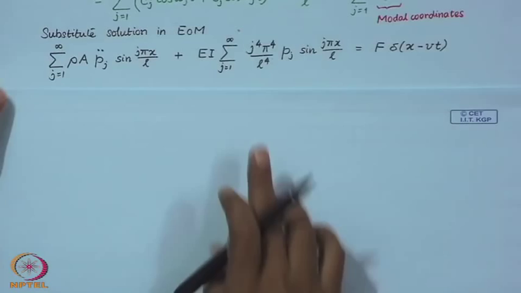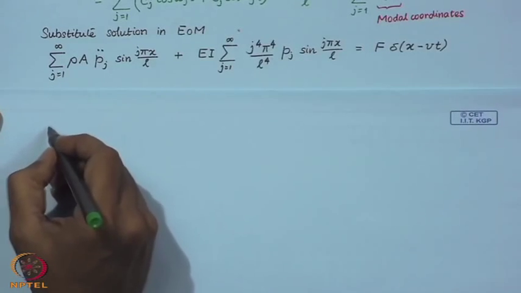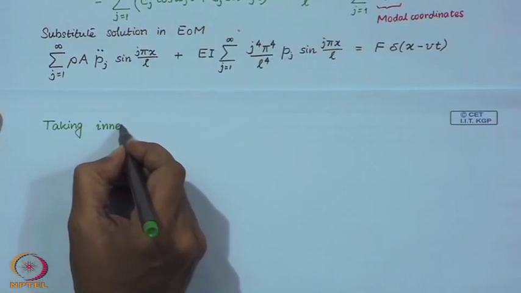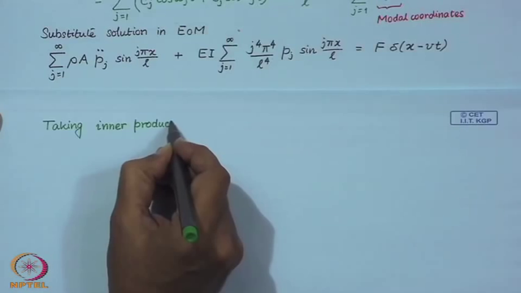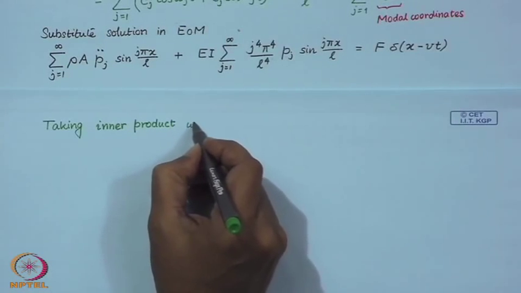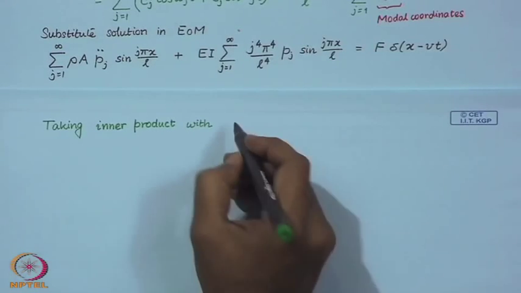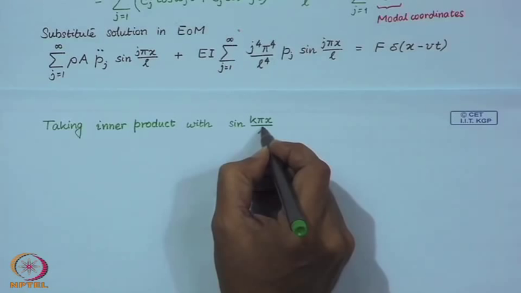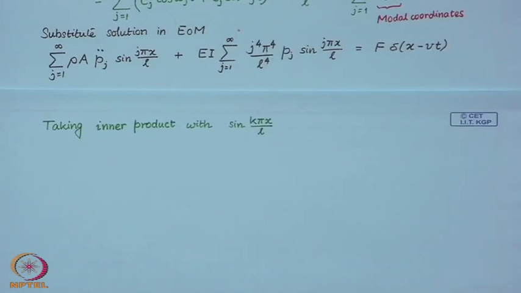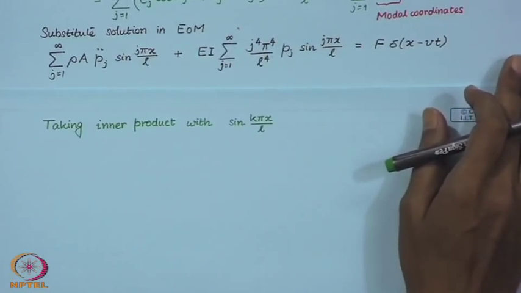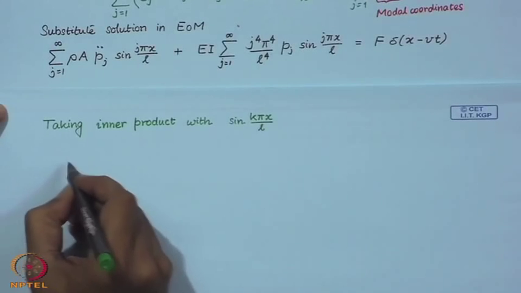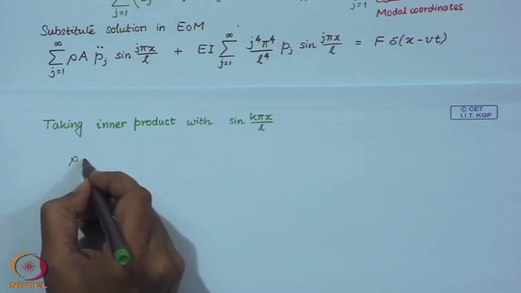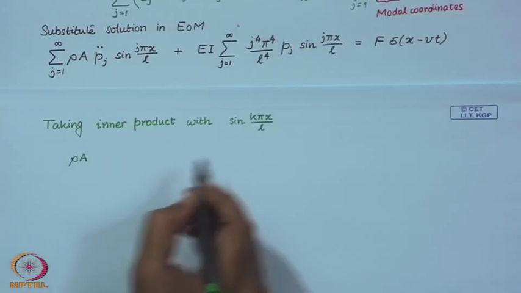And if you simplify this by taking inner product on both sides with sin k pi x over L, we can write this as, using the orthogonality.